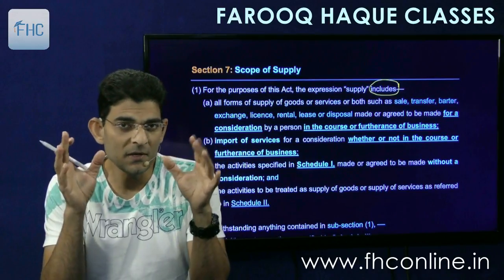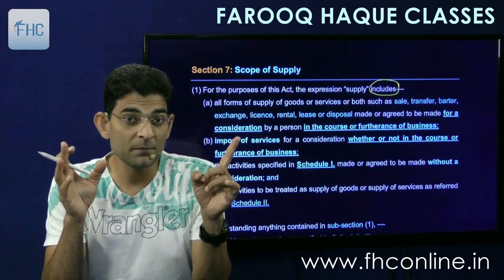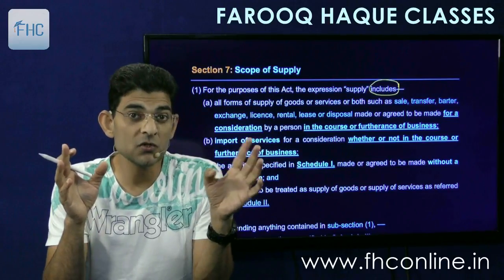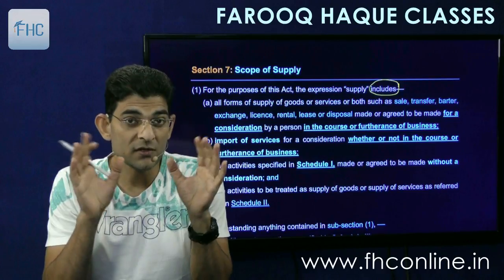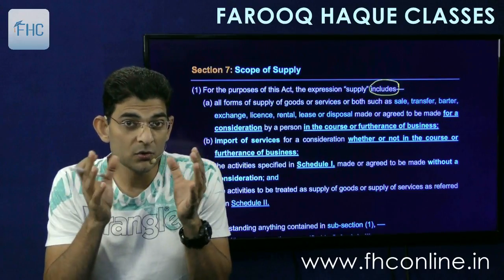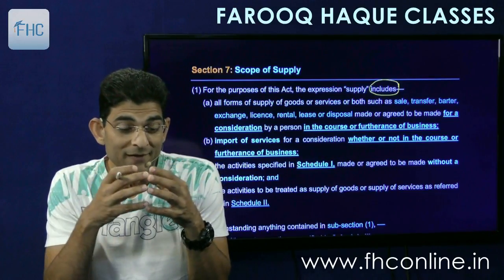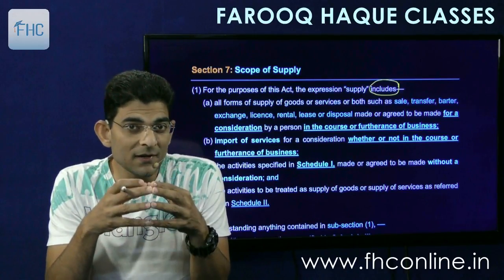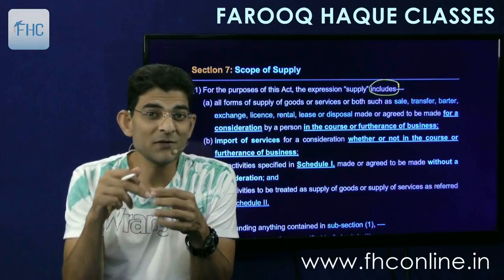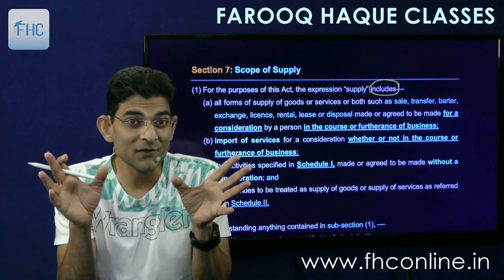Even if you see the definition of income in Income Tax Act, it is inclusive. Because that is the main scope on which the tax is imposed. So the government cannot confine the scope, it cannot limit the scope. If it does limit it, then you can find ways to get out of that scope and hence avoid tax.